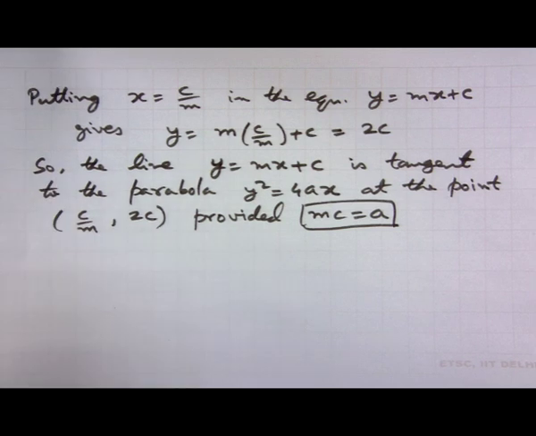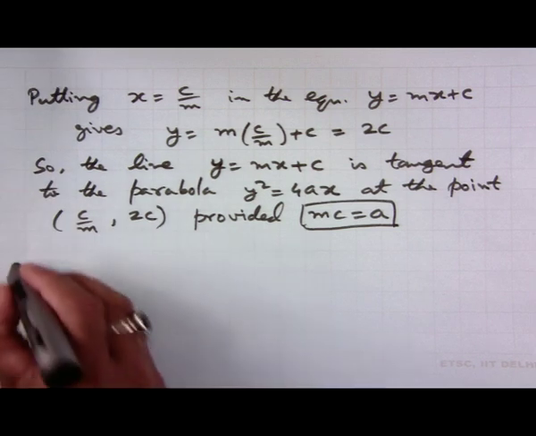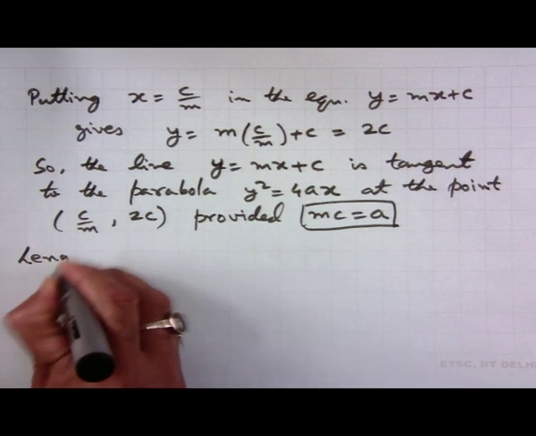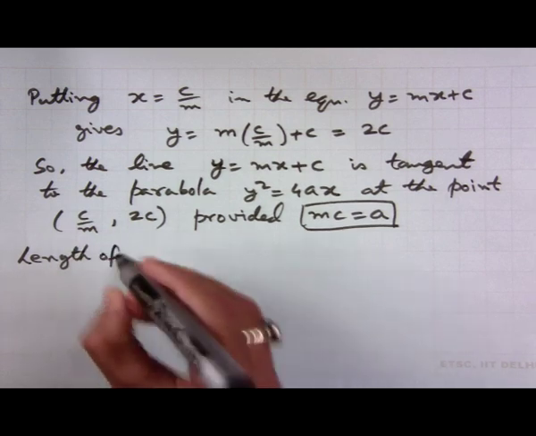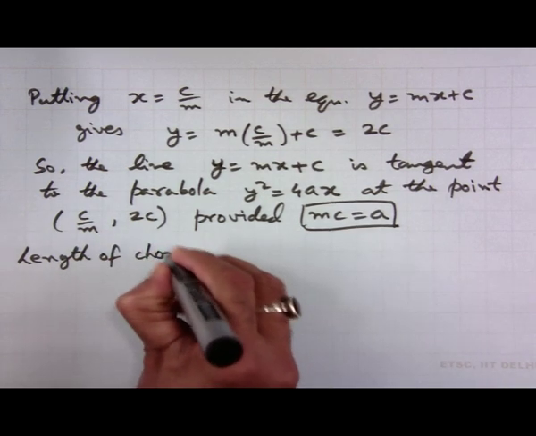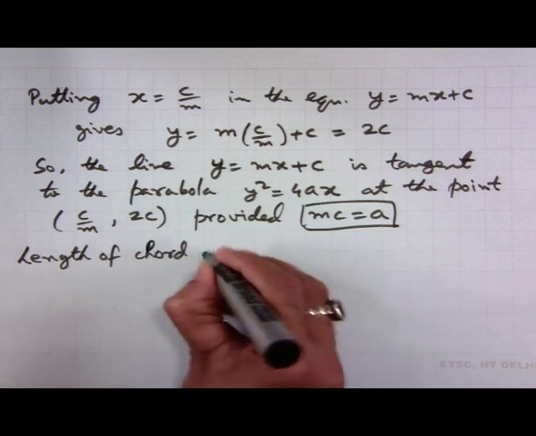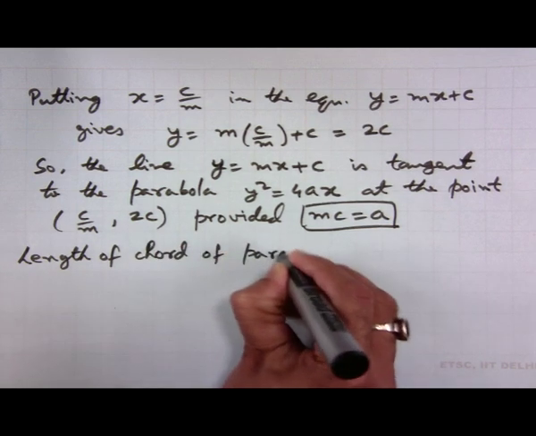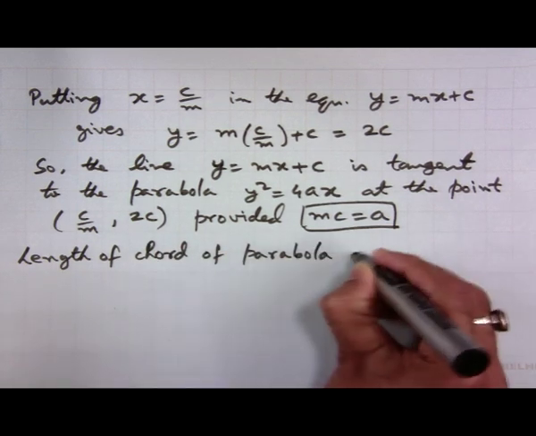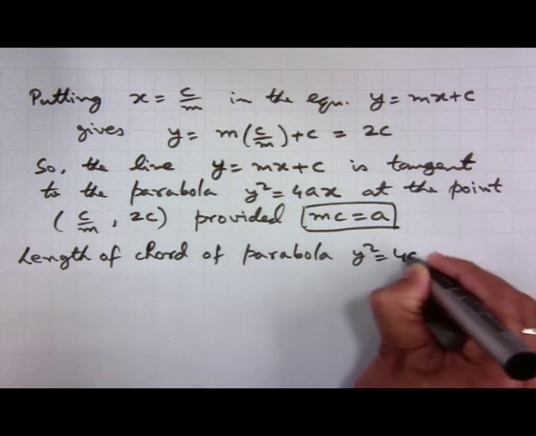Next, let us find the length of the chord of the parabola y square equal to 4 a x.